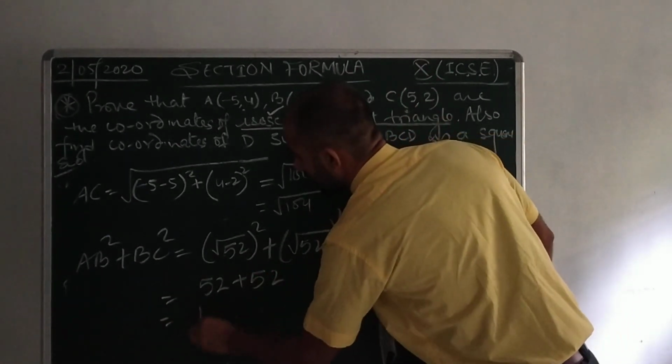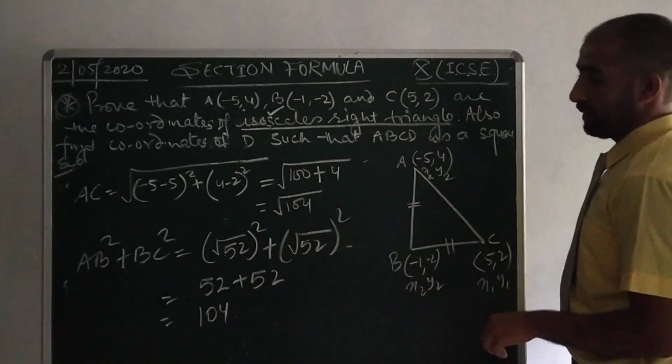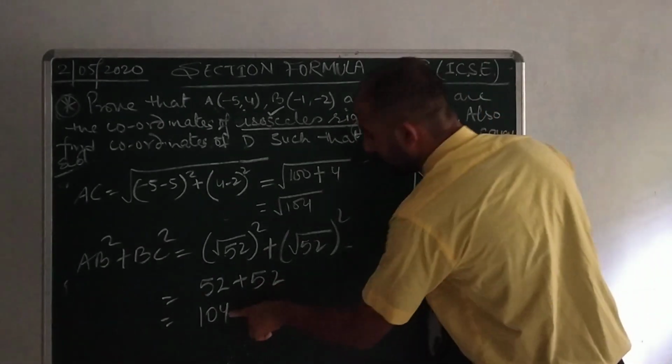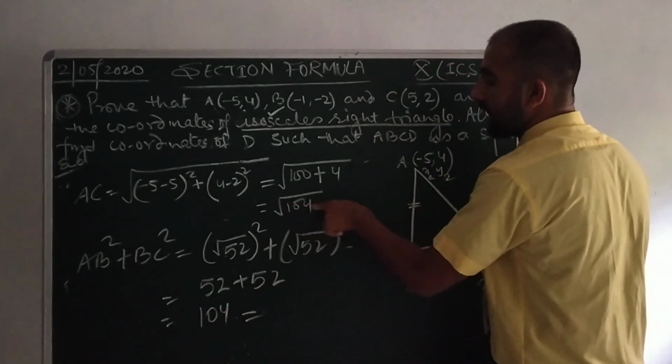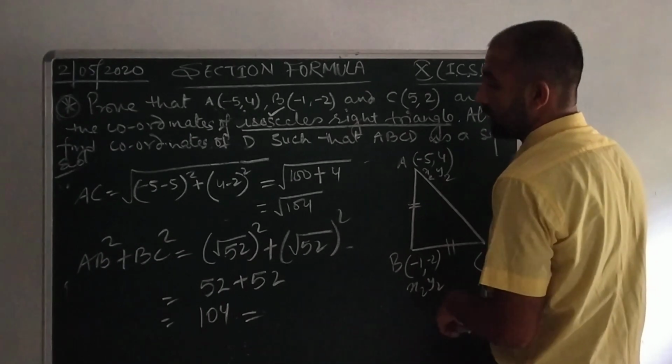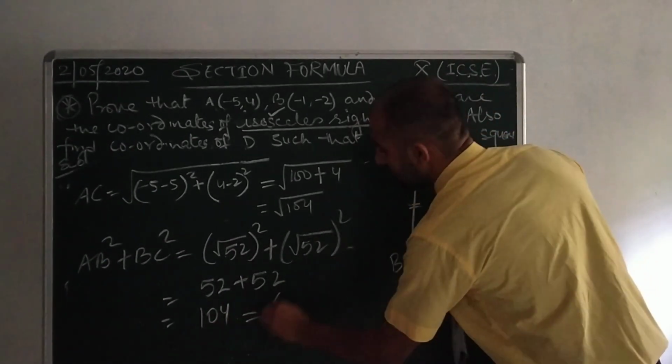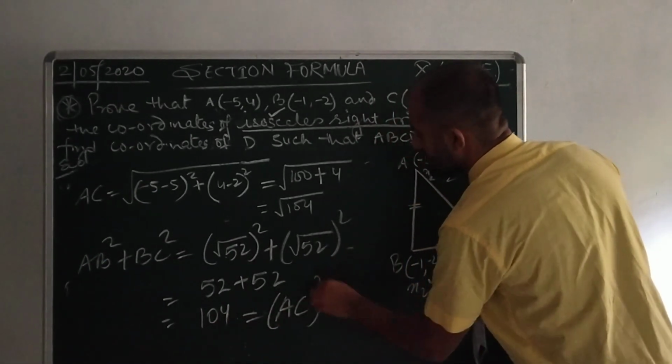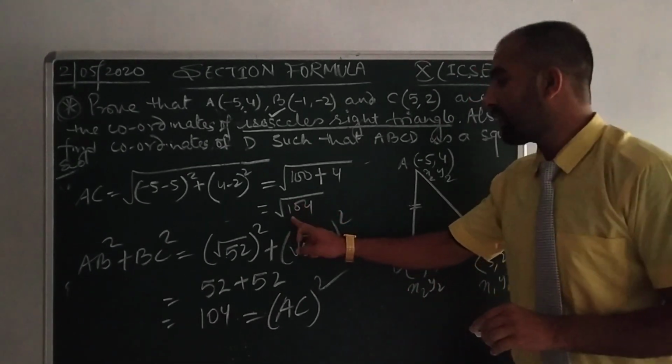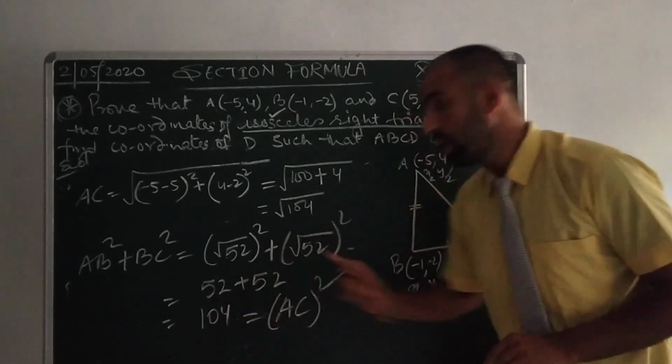That will give you 104. We already got AC, so 104 is nothing but AC square, because if you square root 104, you will get 104.